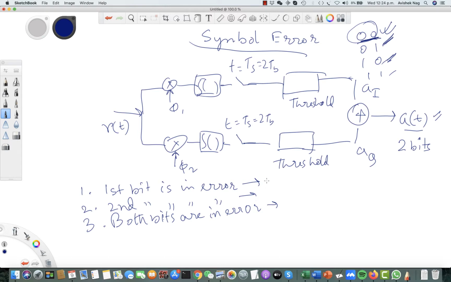So probability that first bit is in error and the probability that the second bit is in error is basically... or let's approach this in this way. Let's find out the probability that none of them are in error.